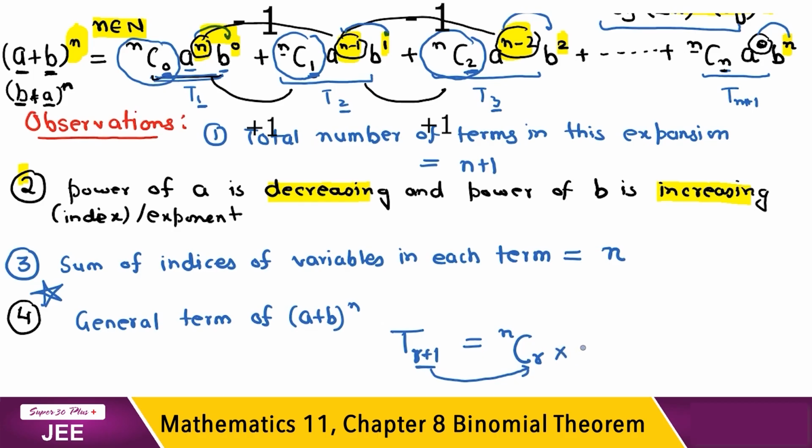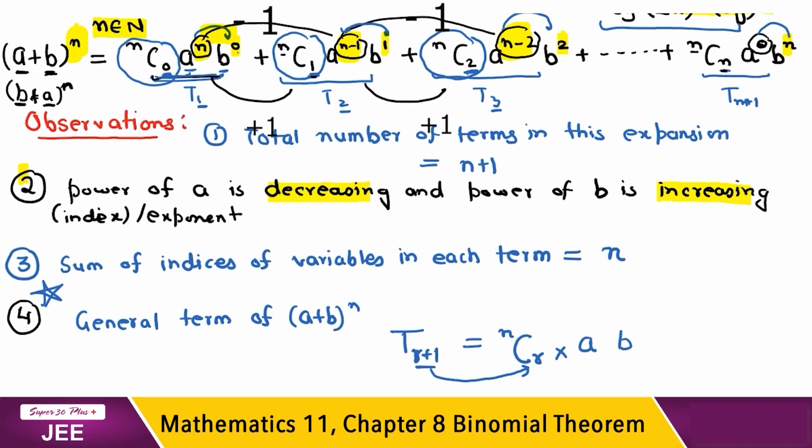Apart from that, I will have some power of A and some power of B, because in each term I can see A raised to the power something and B raised to the power something. And in the third point we covered that the addition of those powers is equal to n. So let's observe what we have to write in the exponents. In the first term, I have written A raised to the power n and B raised to the power 0.